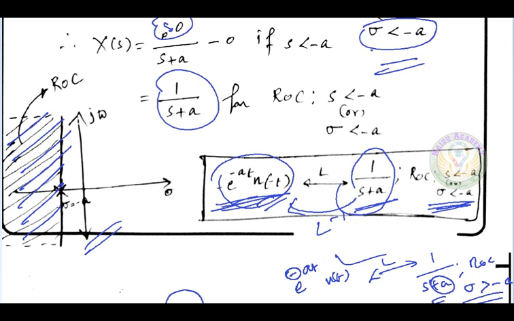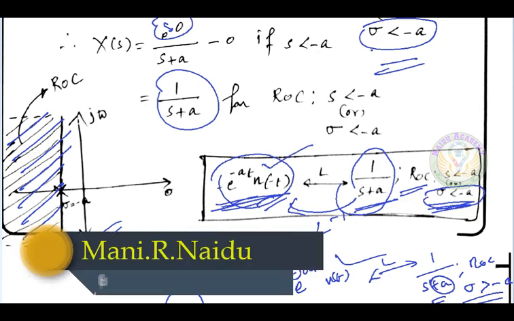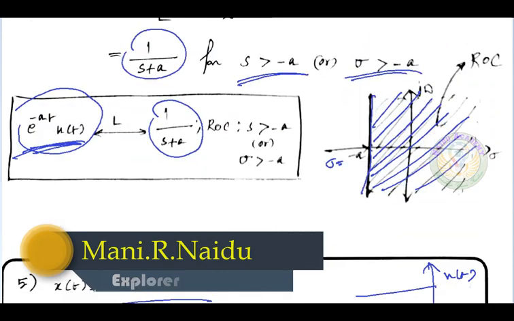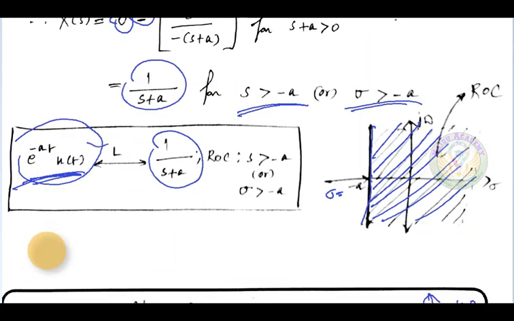So the really important parameter here is ROC. Only the ROC tells us whether the original signal is this or this. This is the most significant use of ROC. It helps when you do the reverse process.